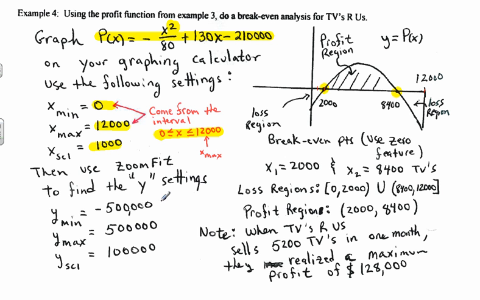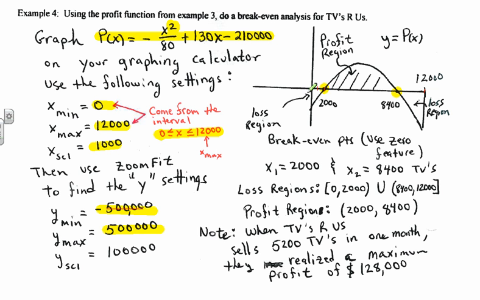Then I centered my graph vertically by picking y min to be negative 500,000, while y max is positive 500,000.